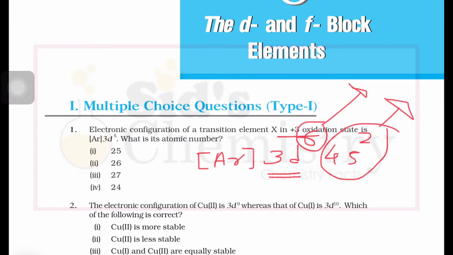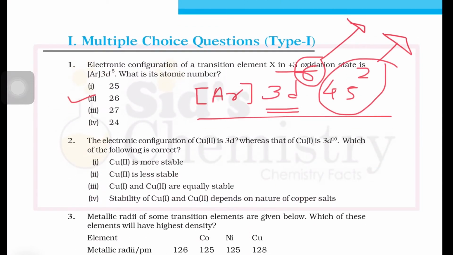If it is a 6, then you can definitely say that atomic number is 26. If it is a 5, then you can say atomic number is 25. But it should be the original state and not an ionized state. And therefore the correct answer of this question is option number 2, that is 26 is the atomic number of the element.